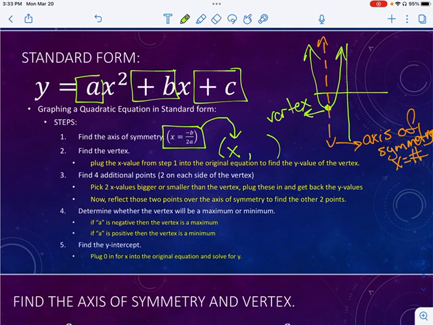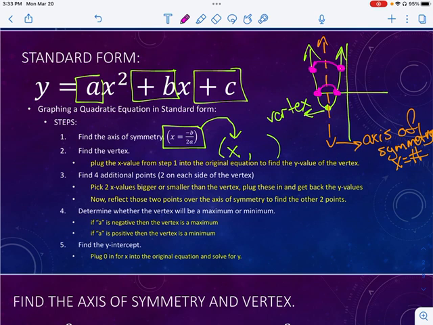My next thing I'm going to do is find 4 additional points in order to graph it. Now, when we go to graph it, here's the thing we have to remember. If I find these 2 points, let's say, I'm going to pick 2 points, plug them in, get the y values. Remember that those 2 points reflect over that line of symmetry and match up on the other side as well.